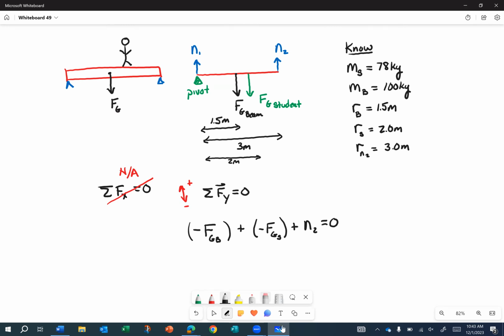Whoops, take that back. It's just the forces in the y. We have plus N2 and plus N1 equal to 0. So we have 4 forces acting all together.